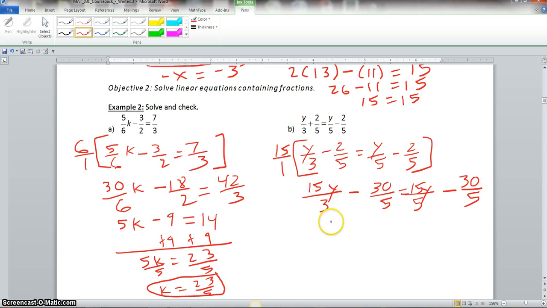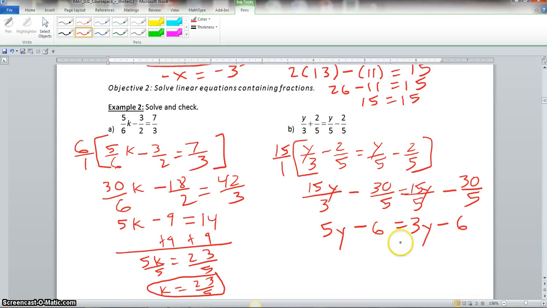Now 15 divided by 3 is 5, so we have 5y minus 30 divided by 5 is 6 is equal to 15 divided by 5 is 3, bring down our y, minus 30 divided by 5 is 6.